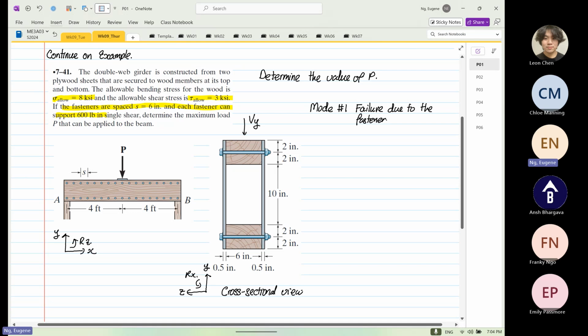So just to quickly recap, the shear flow q is equal to resistance force of the fastener and then we divide by spacing. So we know that this will be equal to 600 divided by a spacing 6. We multiply by 2 over here because it's double shear.